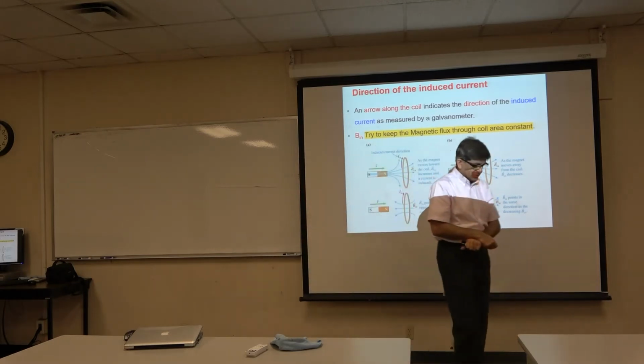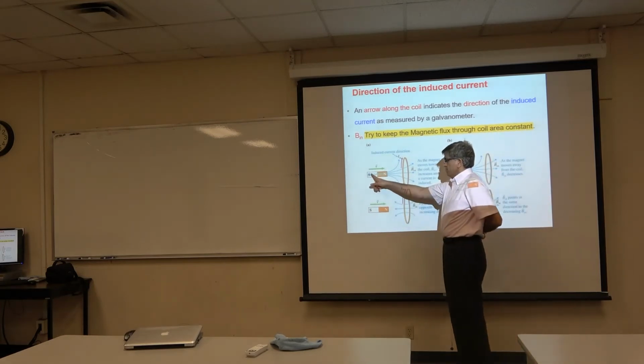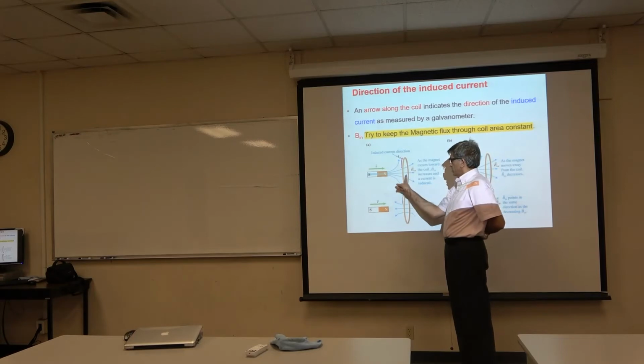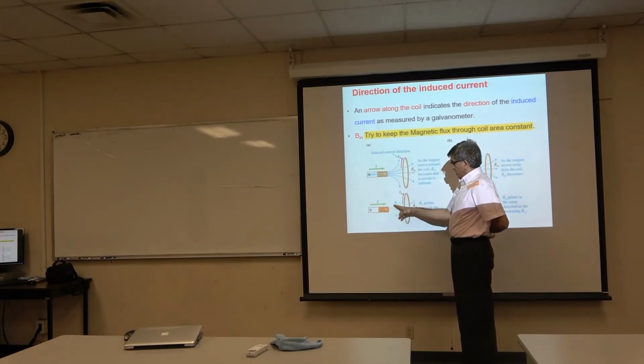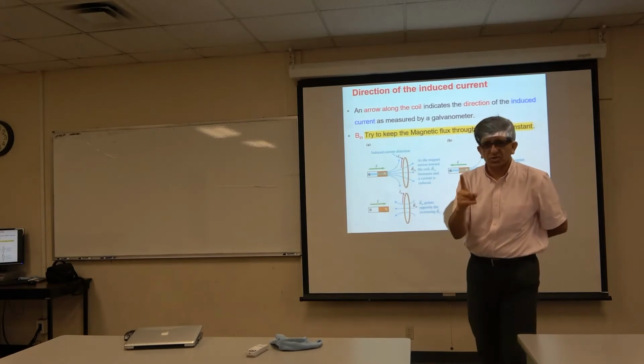picture on the left hand side, here the same magnet is moving towards the conducting coil, but at the same time the current is induced and we have another magnetic field produced through the coil.